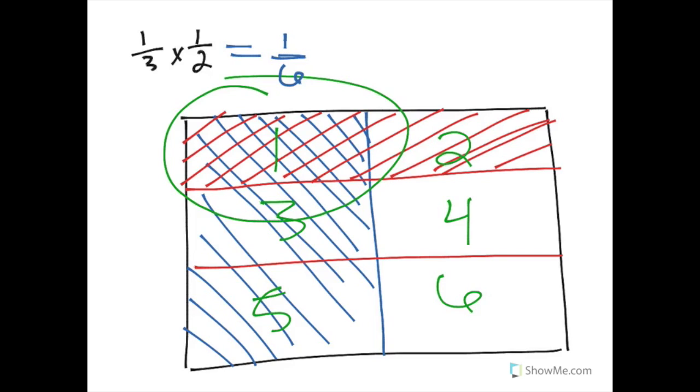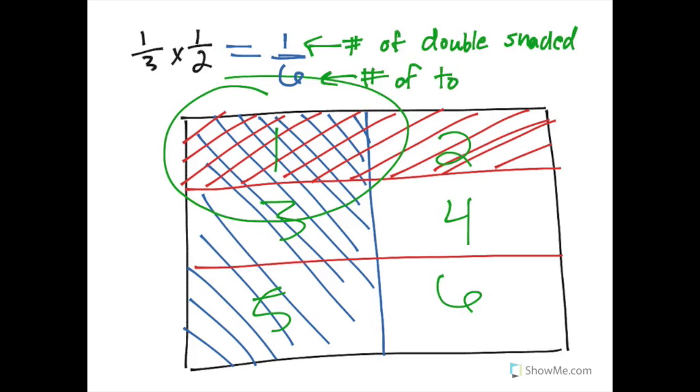In your answer to these multiplication problems, your numerator is the number of double shaded pieces and the denominator is your number of total pieces.